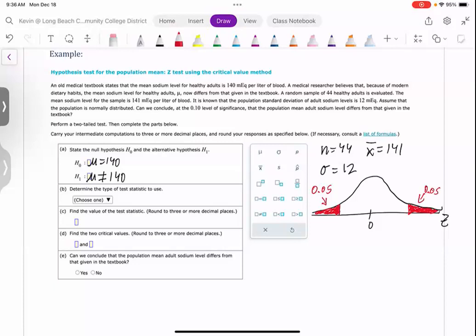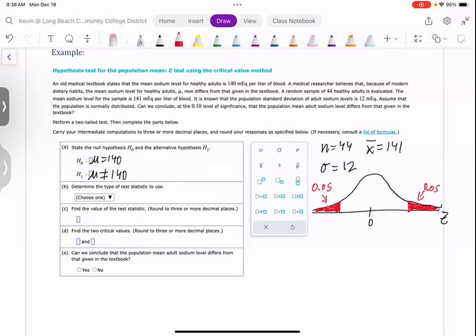And to get these critical values, we're going to have to do inverse norm 0.05 and inverse norm 1 minus 0.05 to give us the right one.